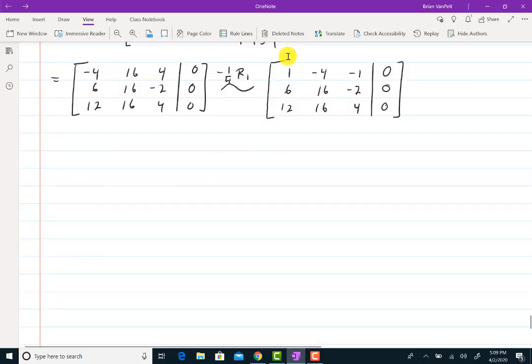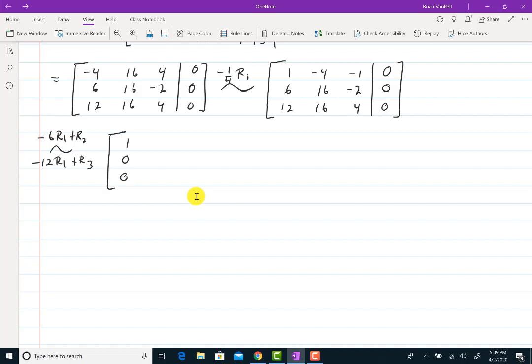Now my next thing is I'm going to wipe out everything under the first one in this column. I'm going to leave the 1, but get rid of the rest. So I'll do -6r1 plus r2, and then -12r1 plus r3. I know how that one will go. That's easy enough. Now what happens to the next thing?